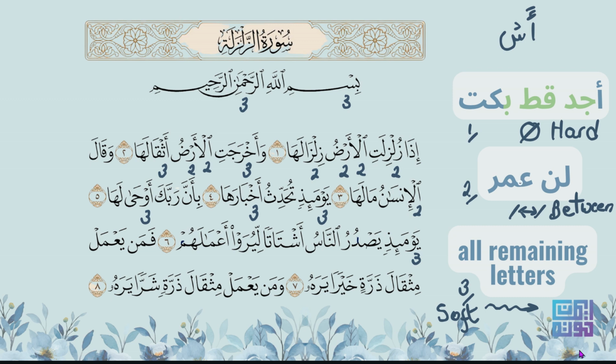So like here, Lin Umar, like here, Ajid Qatim Bakat, and then all the remaining letters. So it's easy to remember them by remembering the category that has few letters. And then the remaining are in the soft category.